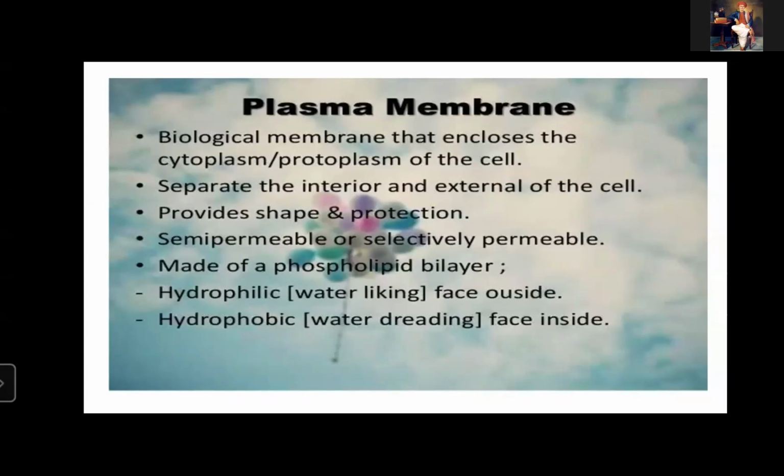And it is semi-permeable or selectively permeable. Semi-permeable means only certain substances are allowed to enter into the cell. And selectively permeable means it allows some certain substances only.